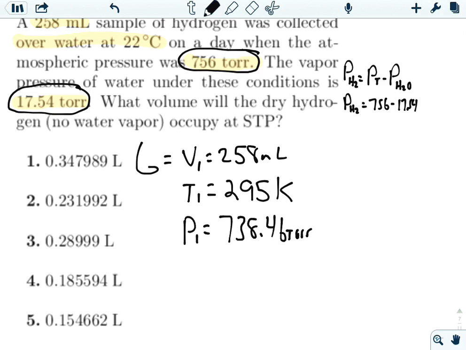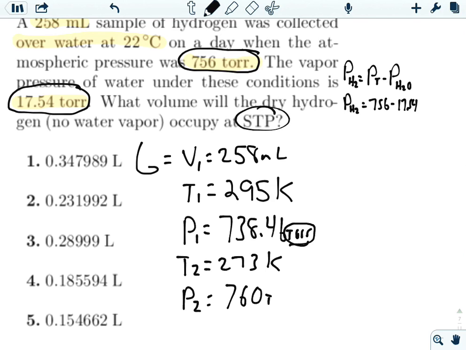Okay, so we have our V1, our T1, our P1. Now it says what volume will the gas occupy at STP. So our T2 is going to be 273 Kelvin. Our P2, since our P1 is in torr, we want to put P2 in torr as well, so that's just 760 torr. That's our given.